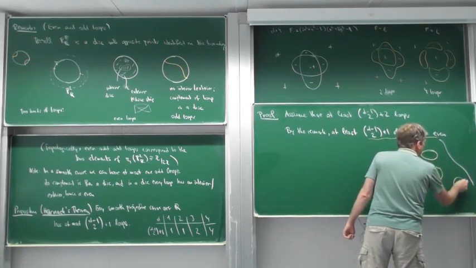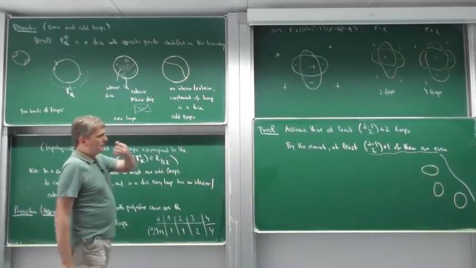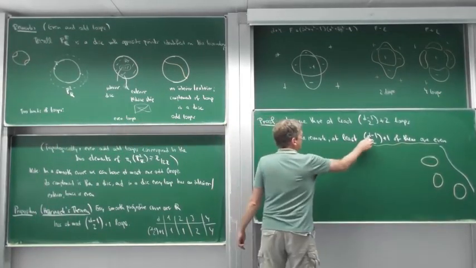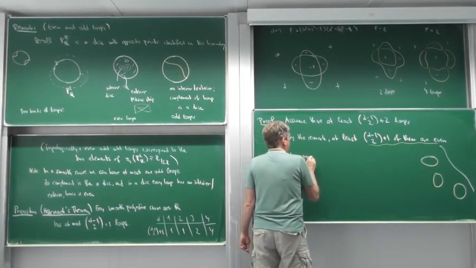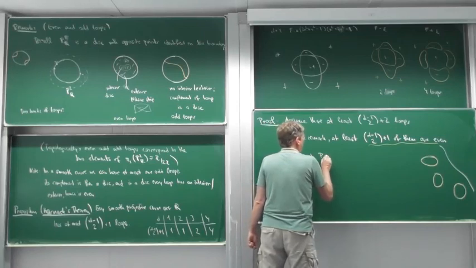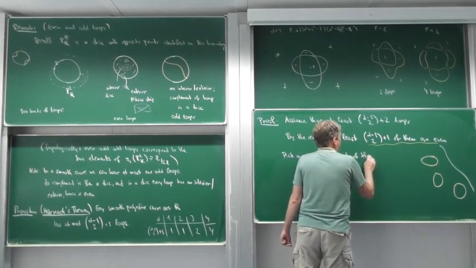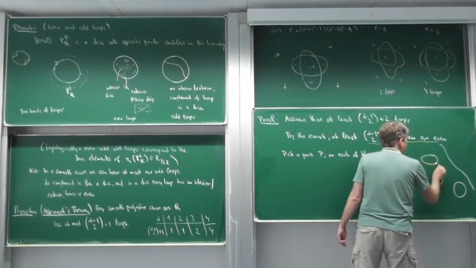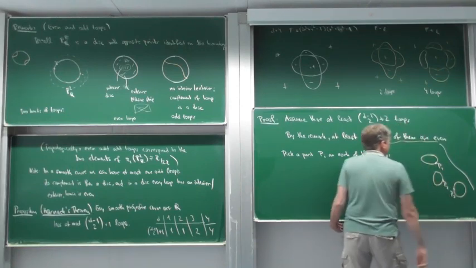And now we do sort of the same thing as last time. We pick a point on each of these even loops. So pick a point p_i on each of these loops. So here we'd have, for example, a P1, a P2, here a P3.